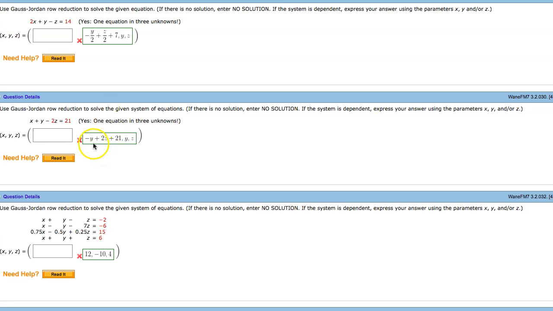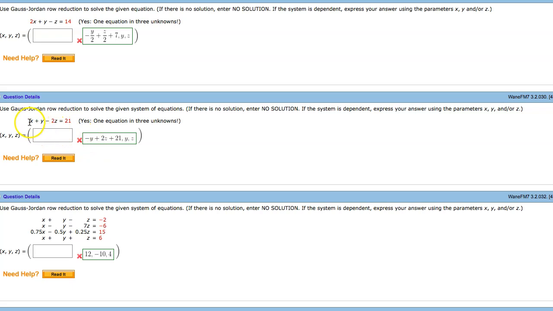Now for this one, you only have one equation, right? You just have one equation. So the only thing you can do is you let y be y himself, you let z be z himself, and just solve for x in terms of y and z.